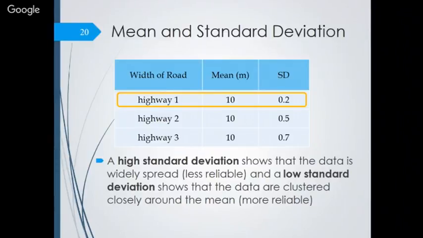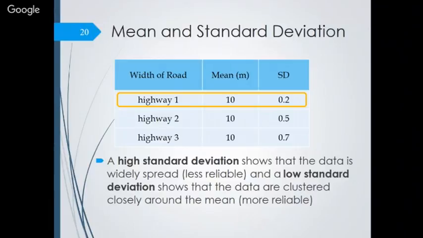So it gives a better understanding of the data, showing which road has a uniform width. A high standard deviation shows that the data is widely spread or less reliable. High standard deviation indicates that the data is less reliable, and low standard deviation indicates that the data is more reliable.